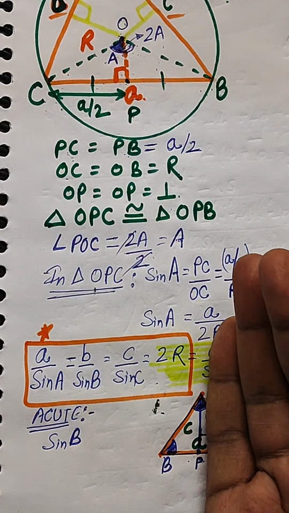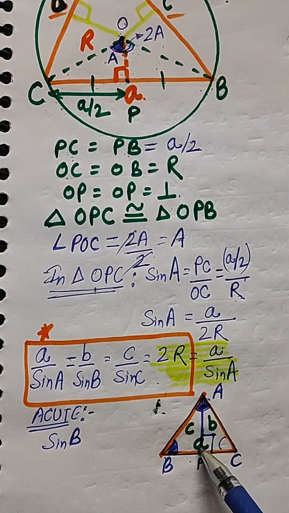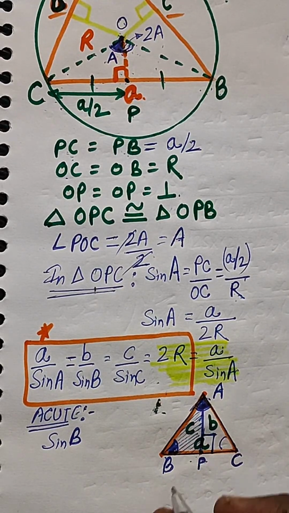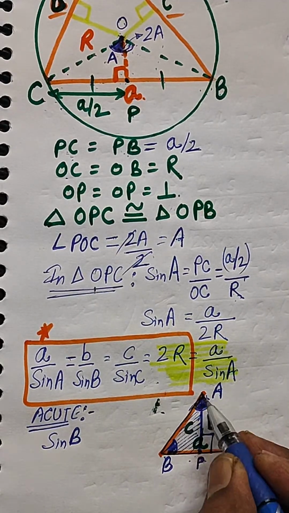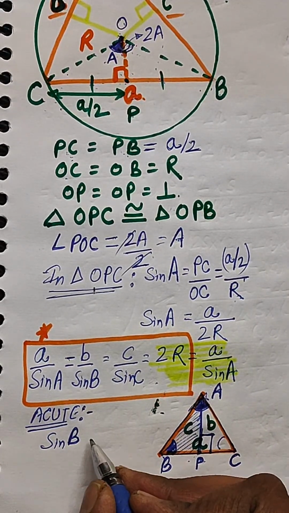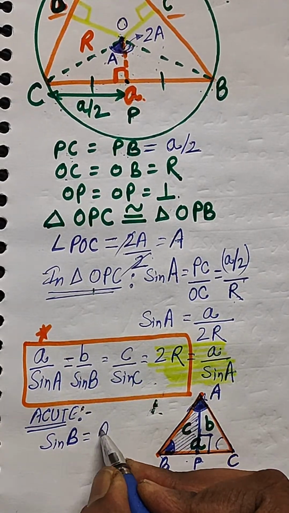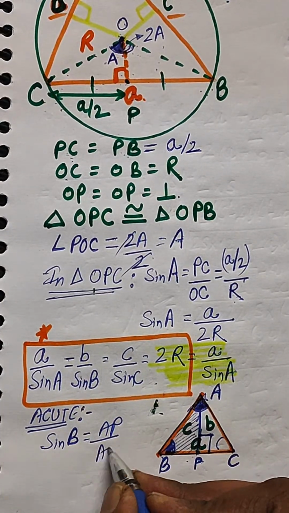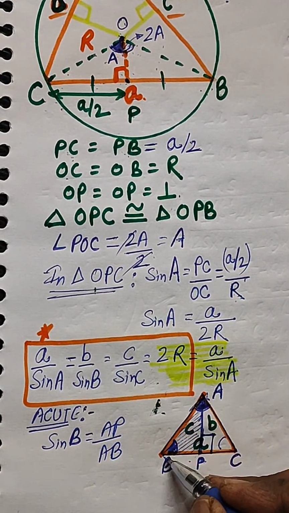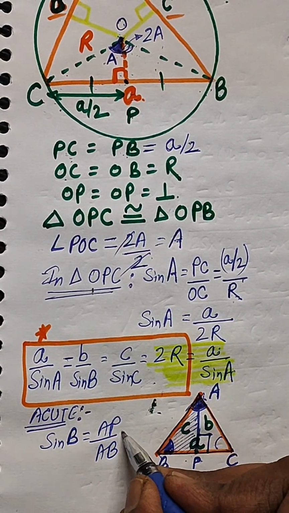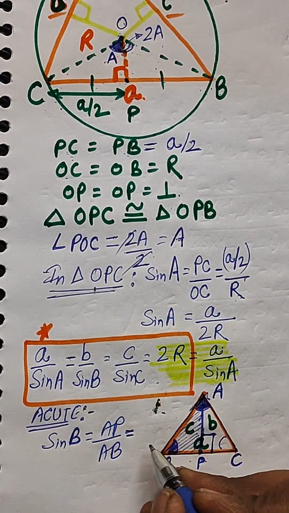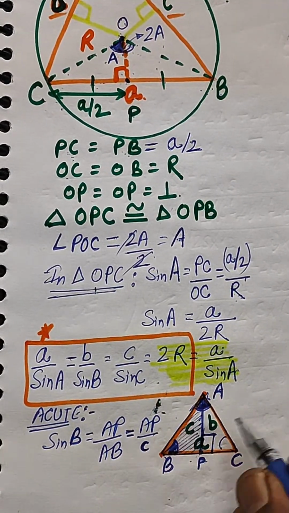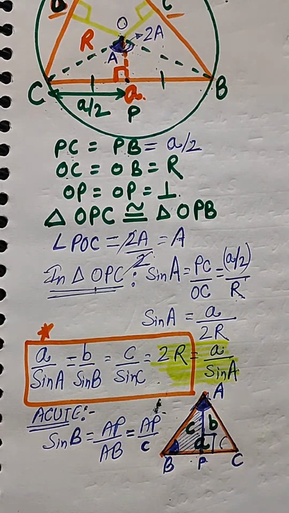Because considering this triangle APB, which is a right angle triangle, we can say that sine of B is nothing but AP by AB, perpendicular by hypotenuse, and this AB is nothing but small c. So we can write it as AP by c, because the length of AB is c.